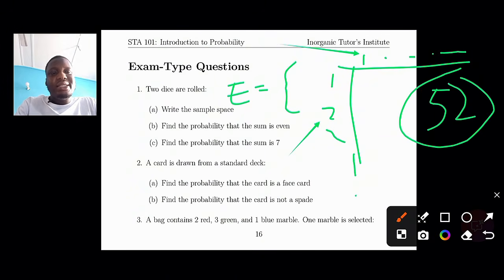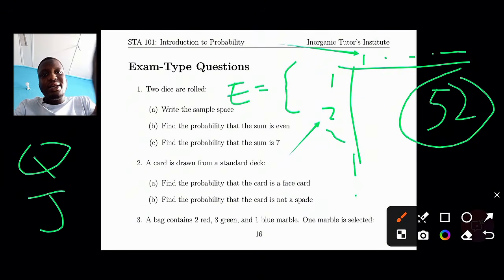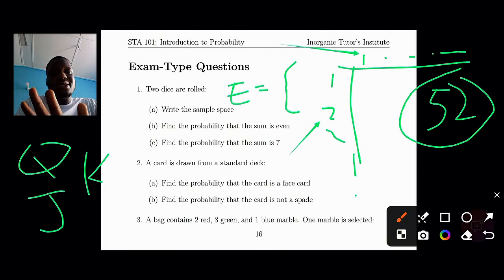When we say a face card, cards that have these faces on them, maybe the queen, the jack, and the king. Okay, so we have 4 queens, 4 kings, and 4 jacks, which gives a total of 12. The number of events is 12.